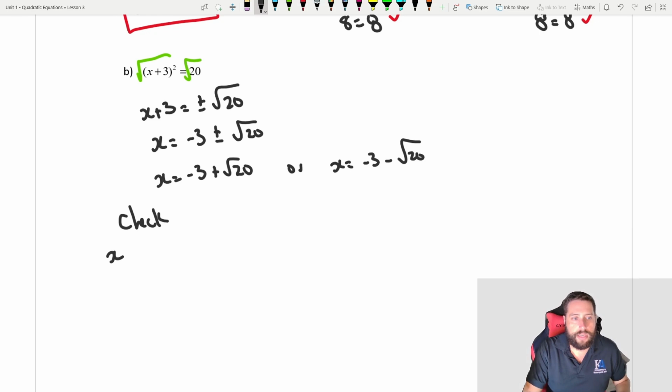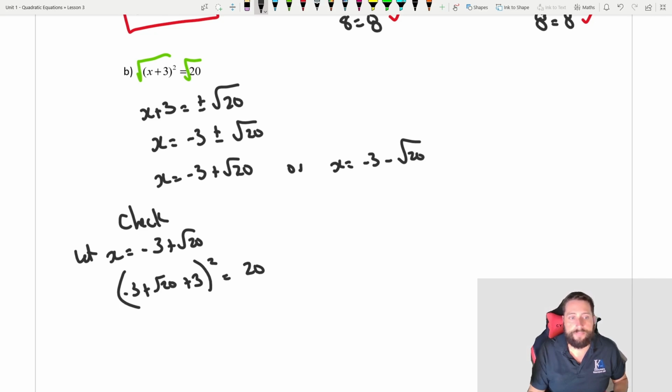Let's check. So let x equal negative 3 plus the root of 20. So when we substitute in, we get negative 3 plus the root of 20, plus 3, squared, is equal to 20.